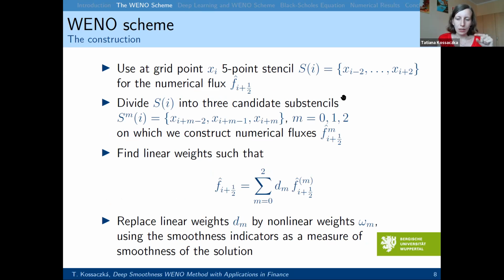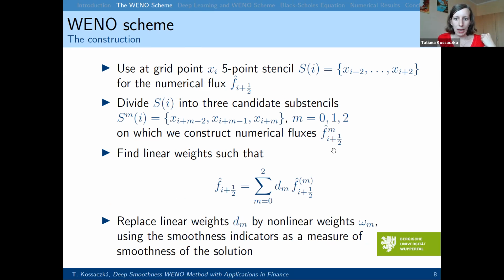But then this wide stencil is divided into 3 candidate substencils on which we construct numerical fluxes f hat m, where m is from 0 to 2.